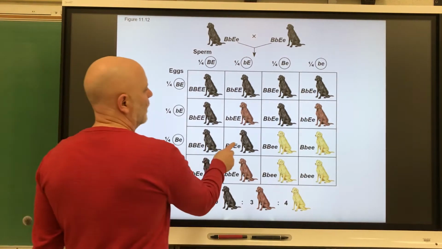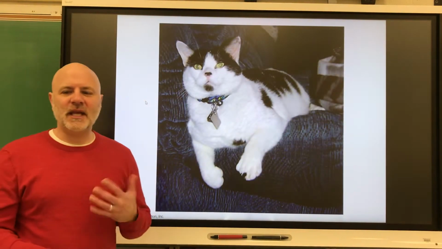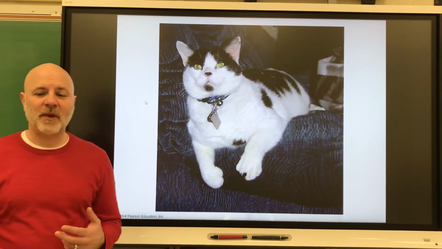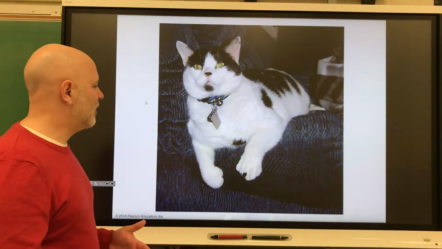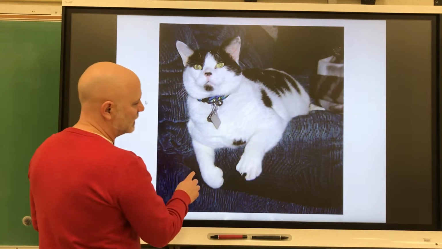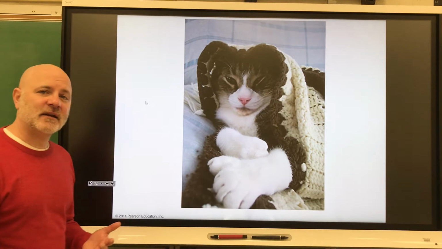Next, the one that this thing kept trying to switch to is what is known as incomplete penetrance. Incomplete penetrance is a genotype that does not always produce a phenotype. An example of this is what you see with this little kitty cat here on its paw. You can see it with this next kitty cat here on its paw, and that is polydactylism.